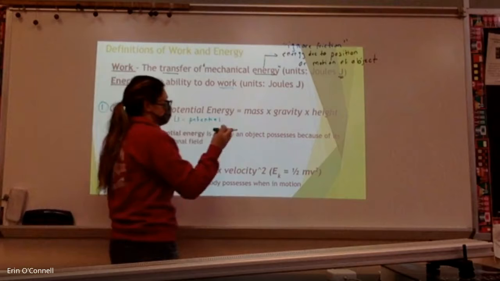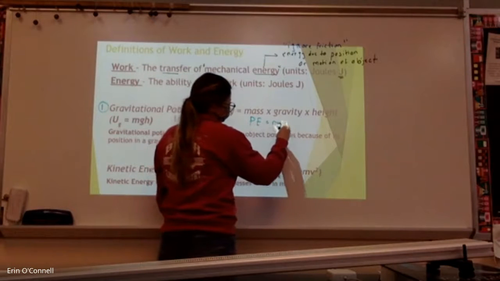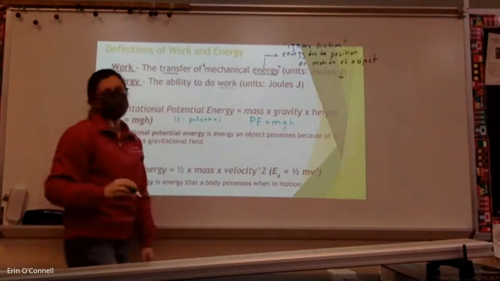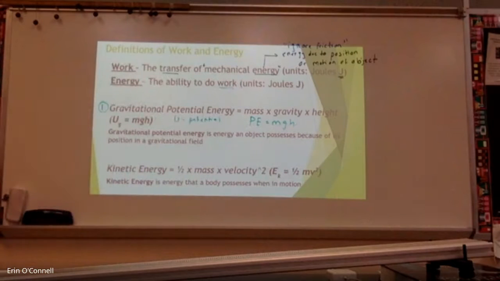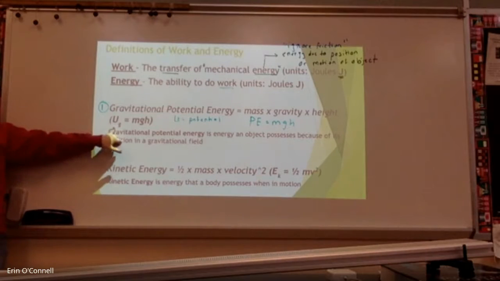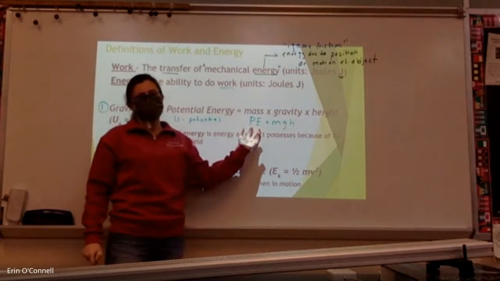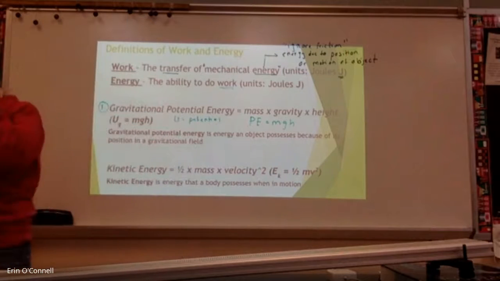You will unfortunately also see it written as PE equals M times G times H. So you should be able to recognize both. U sub G is more correct, meaning at the university level, you'll see it written as U sub G. But as you're first learning it, in high school physics, you usually use PE.